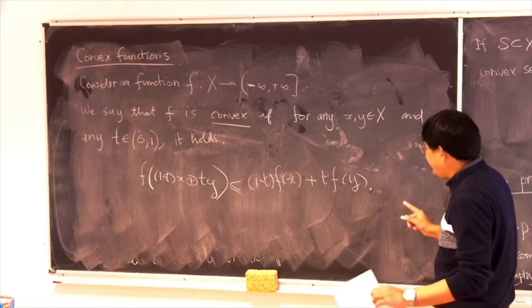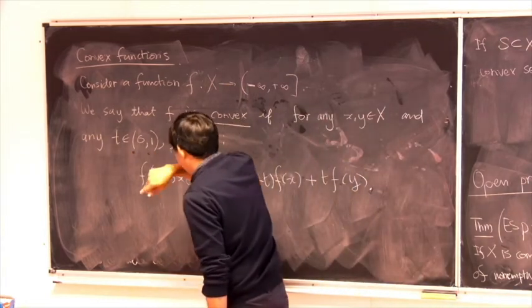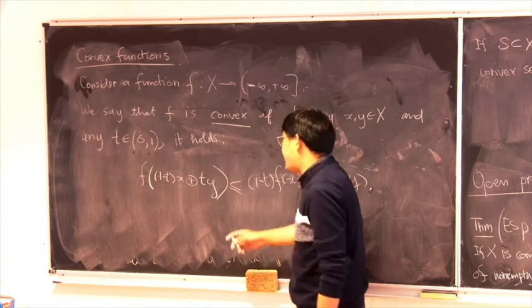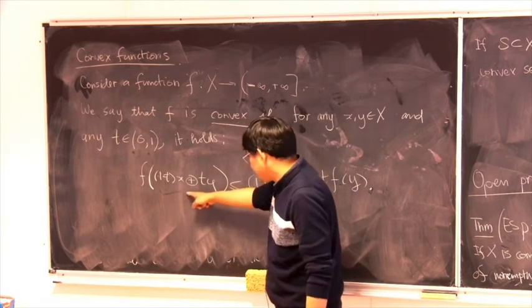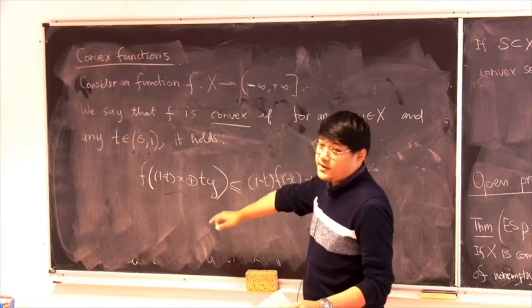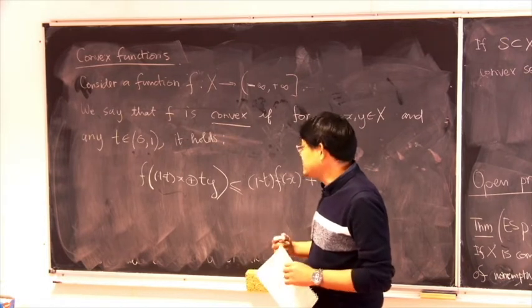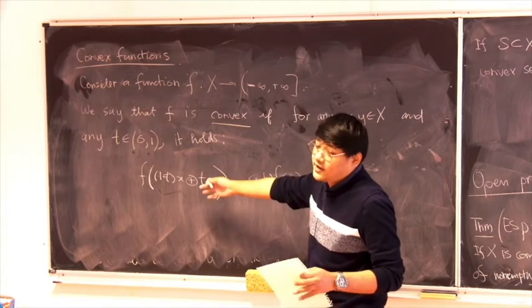So one may ask, why do we need to exclude 0 and 1 here? Actually, you can include what happened when t is 0. Let's call this a convex combination, even though it is not so much a combination as in linear algebra, because it's not an algebraic operation.